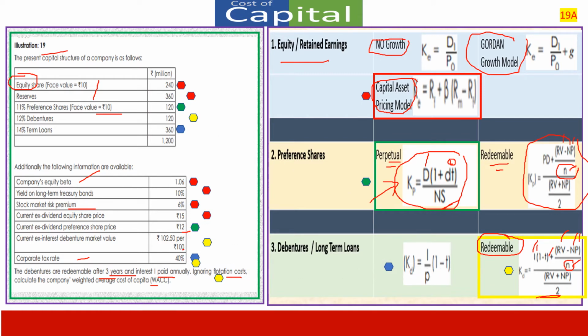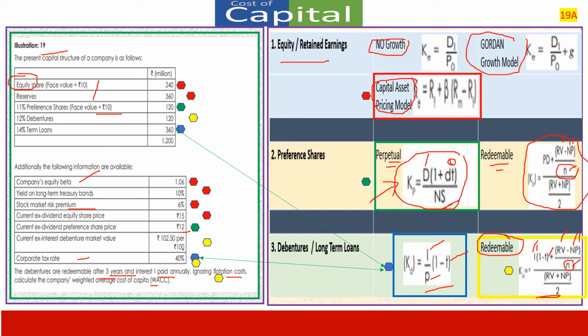Then we have got one more, that is of term loan. Term loan, we are given only two things. 14% term loan, corporate tax rate is 40%. We cannot use this module. We have to come here, principal amount, tax rate and interest. That should suffice for the term loan.